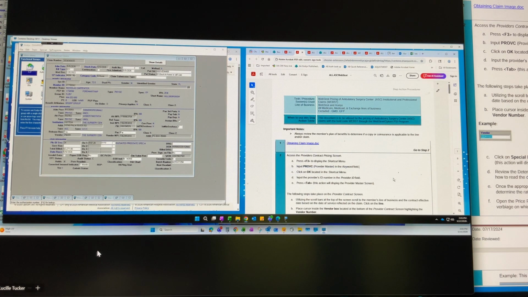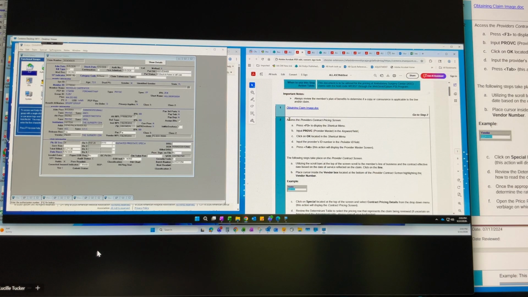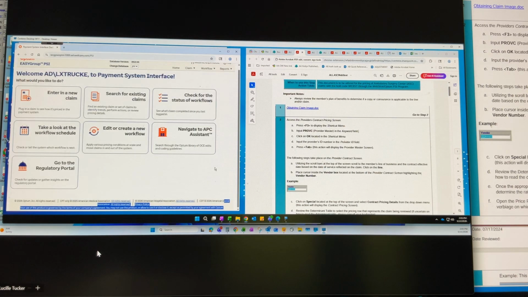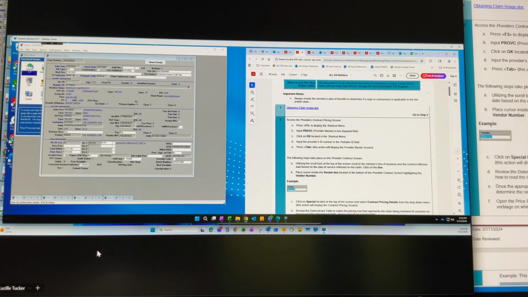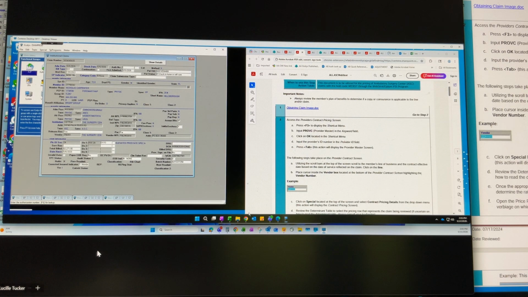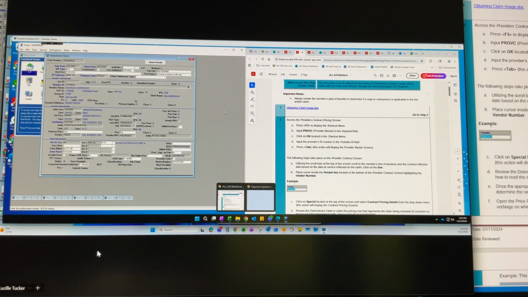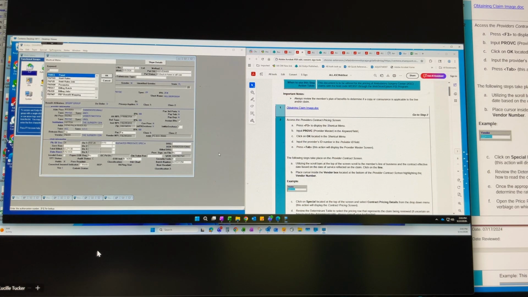So now I'm going to access the provider's contract screen. I'm entering my PROVC.